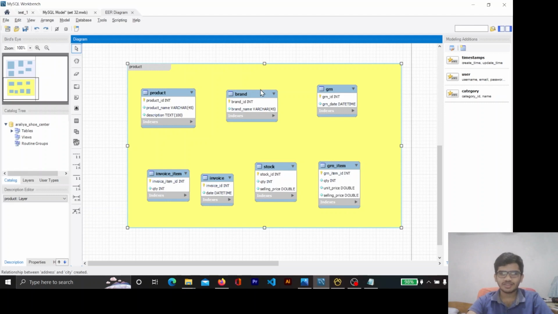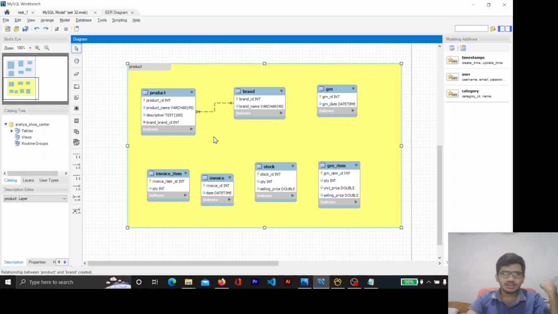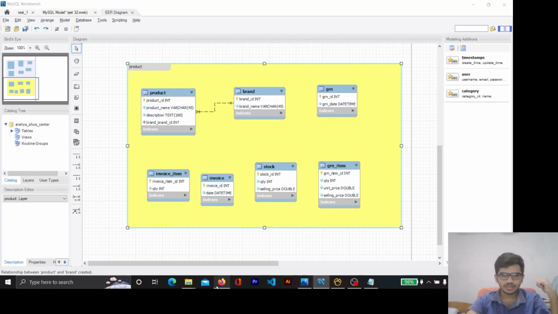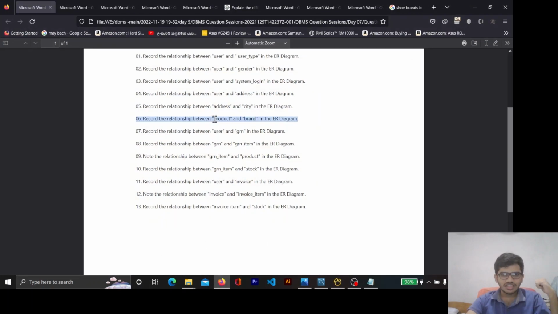If we create a one-to-many relationship between these two tables, only the brand ID is repeating, so there is less repetition and you can save a lot of space. This is the repeating side and this is the non-repeating side. So that answers the sixth question.